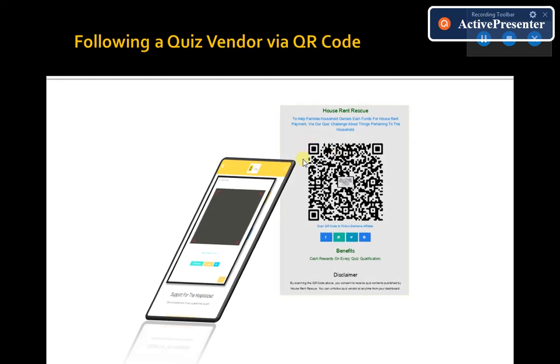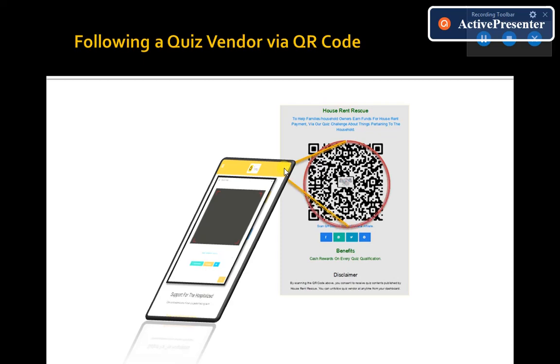What we are looking for is the QR code. This is a typical quiz vendor distribution slip, which could be shared over social media from one user to another. Having access to this quiz vendor slip, what we need to do is to scan the QR code here like so.